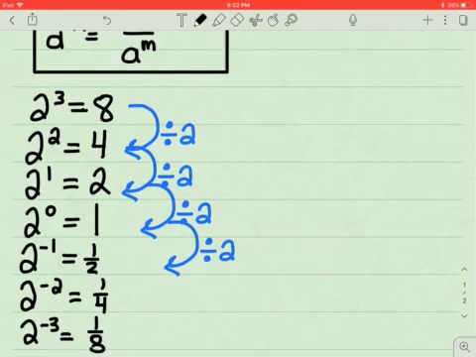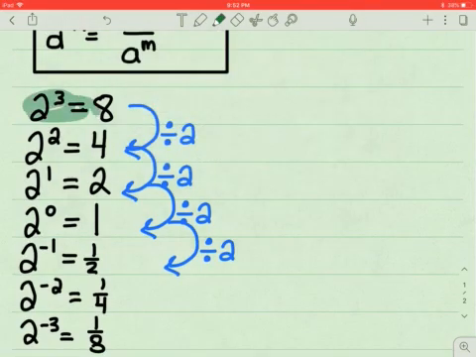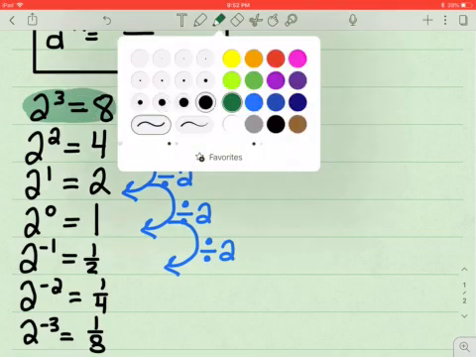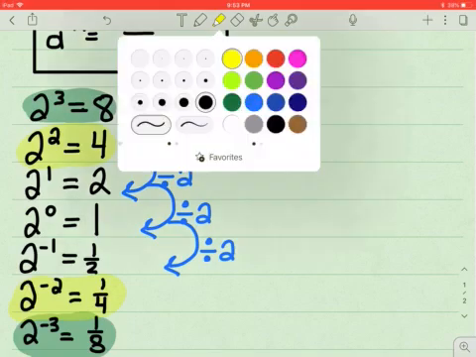And hopefully you can see, and I'll highlight them for you, that 2 to the third is 8, and it's very similar to 2 to the negative third, which is 1/8. It kind of shows that it has that similar characteristic. It's the same number, it's just where that number is located. So both those are 4, but for a positive exponent, it is 4 over 1, and for a negative exponent, it is 1 over 4.